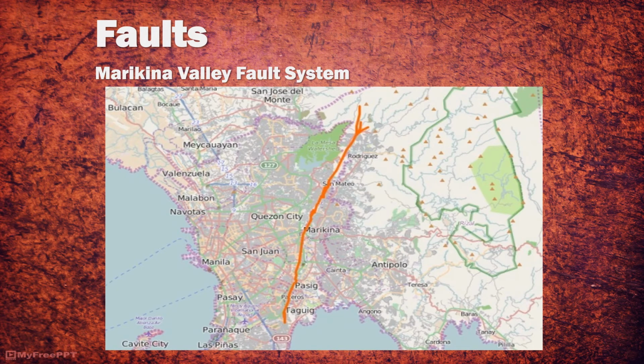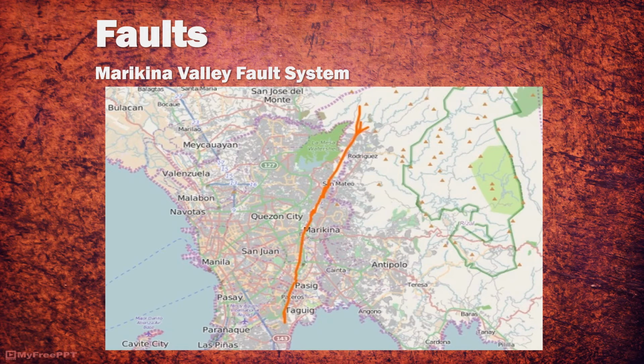And closer to home, we have here your Marikina Valley Fault System, kung saan ay mahaba-haba ang Valley Fault System. And if you remember, there are studies due to the movement or na ina-expect ang movement of the Marikina Valley Fault System that it will affect the whole Philippines for sure.